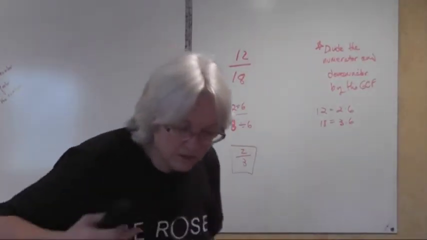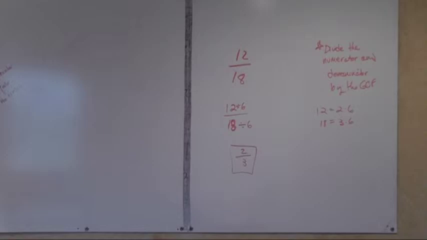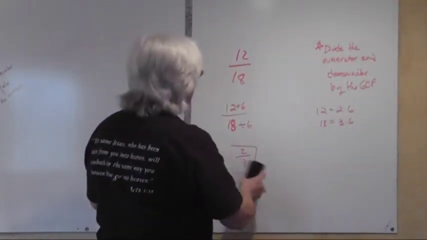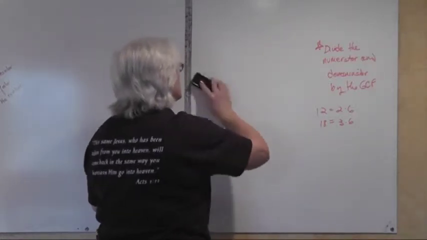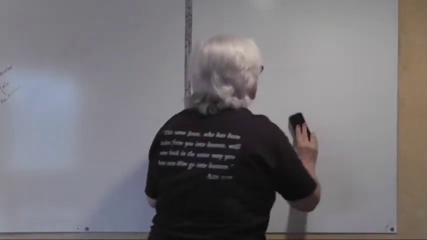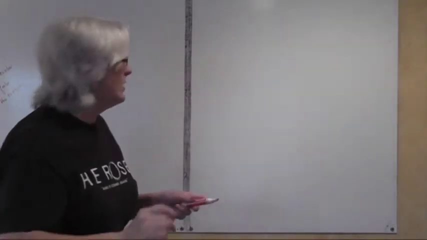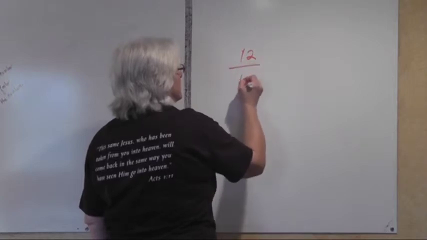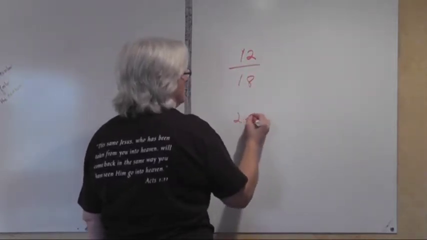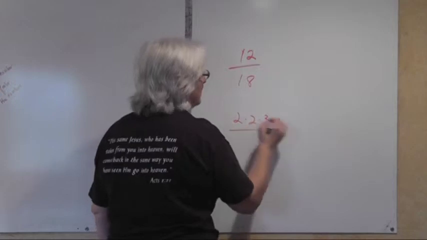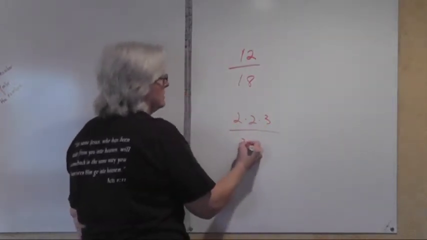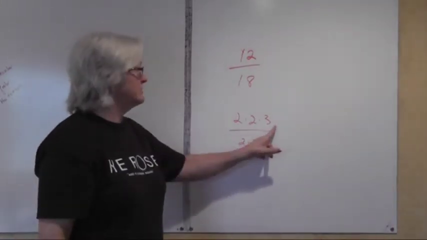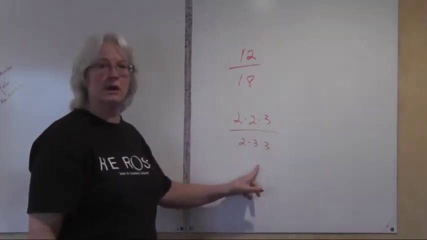And another way that you can do this is to factor the numerator and the denominator into prime factors and cancel the common factors. So if we have 12 and 18, by now you may or may not know that 12 factors into 2 times 2 times 3 and 18 is 2 times 3 times 3.